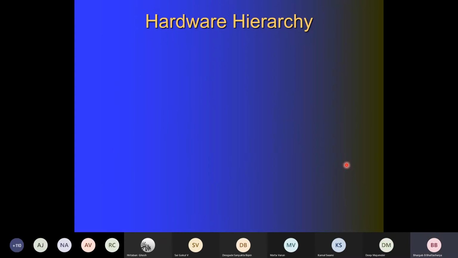Now let us look at the hardware hierarchy. In the bare machine, we said that it's a collection of combinational and logic circuits, and sequential finite state machines. At the base level, you have just transistors, which are nothing but semiconductor switches.